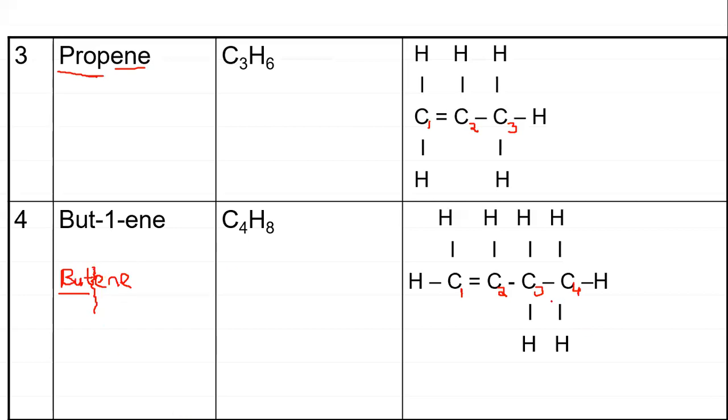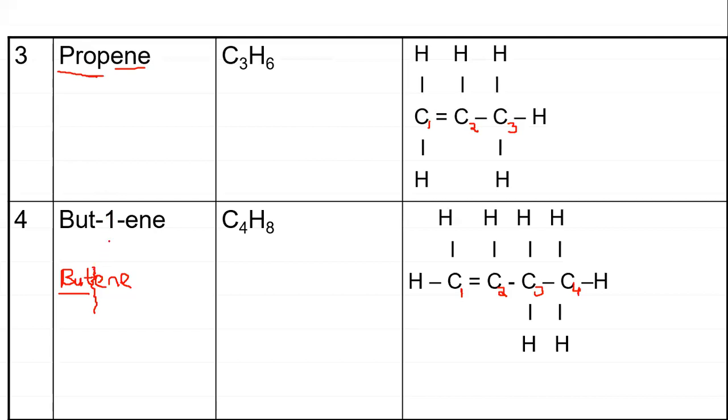The functional group is on carbon 1. That is why we say this is but-1-ene. What it begins with is but, what it ends with is ene. Between what it begins with and where it ends, we put the position of the functional group, which is position 1.